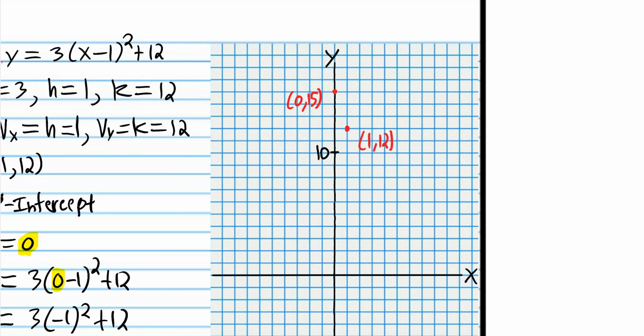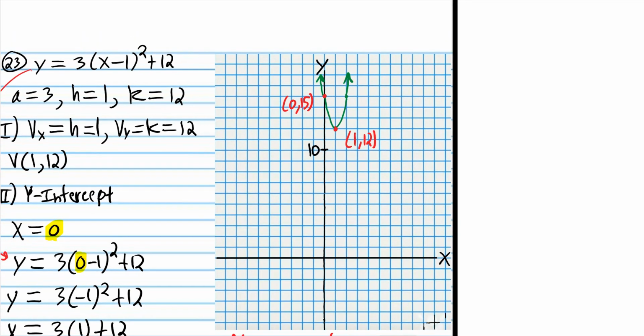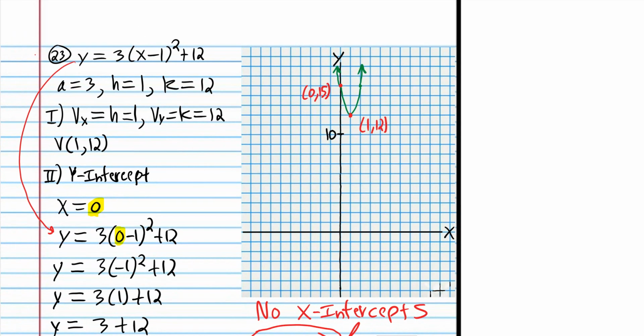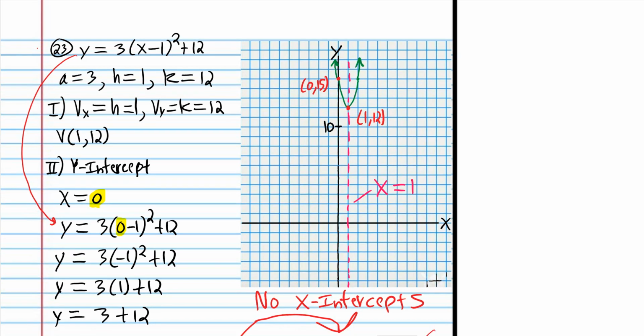And we can use symmetry to connect the dots there. So as you can see, this parabola doesn't go through the x-axis. And therefore, of course, it doesn't have x-intercepts. We still need to draw the line of symmetry, though, and write the equation of the line of symmetry, which is x equals 1. So there you go.